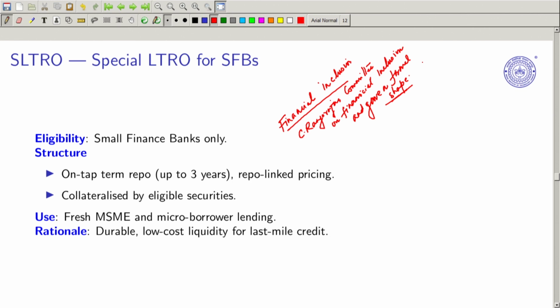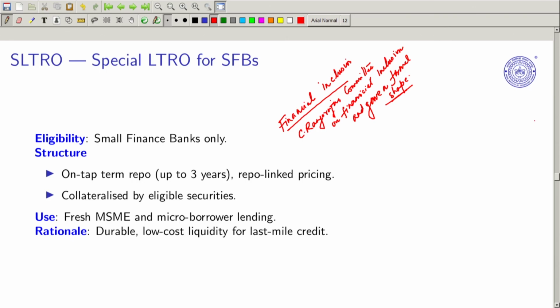Sometimes the small finance banks, which are meant for financial inclusion, use this money for micro borrower lending and also for MSME, micro small medium enterprises, and it is also one of the important objectives for social welfare and, you can say, economic inclusion.